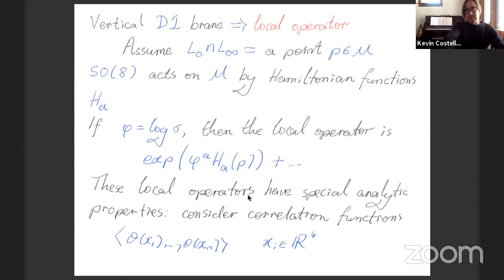Okay, so whatever the full expression of these local operators is, for purely formal reasons, we can see that they have very special analytic properties. Imagine we define the correlation functions by choosing some state at infinity. Normally, these would make sense for x in R4, where x is the position of the operators.